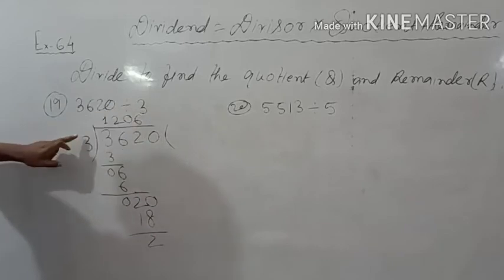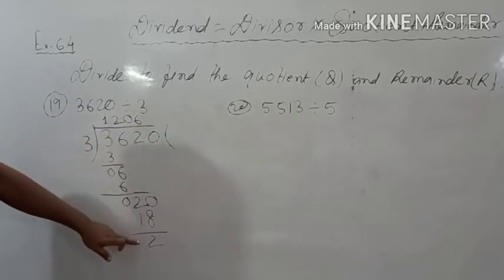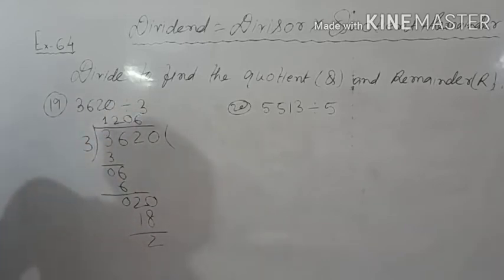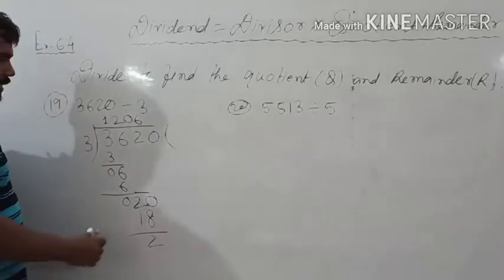If you want to verify, you can just verify by multiplying these two numbers and adding the remainder.